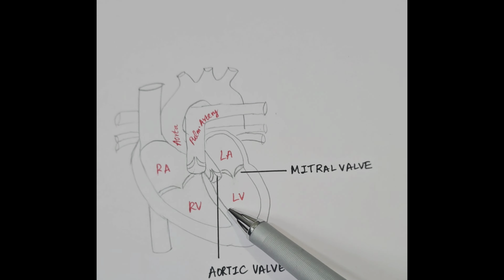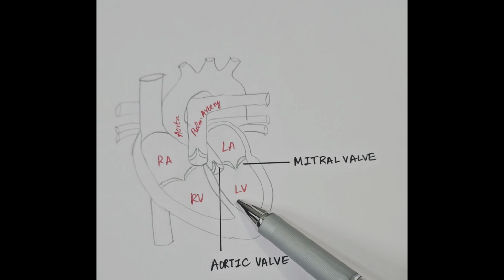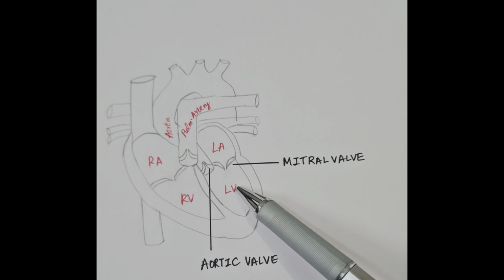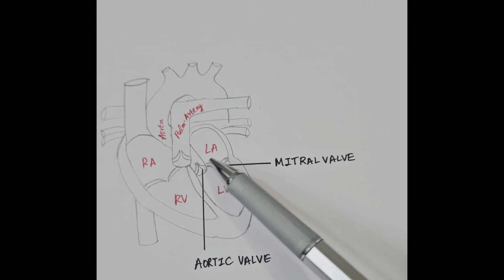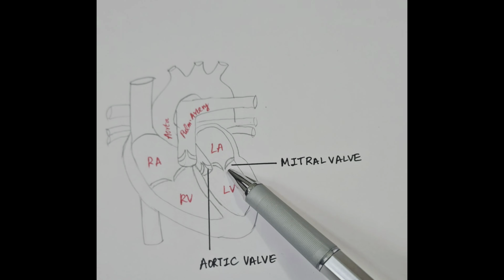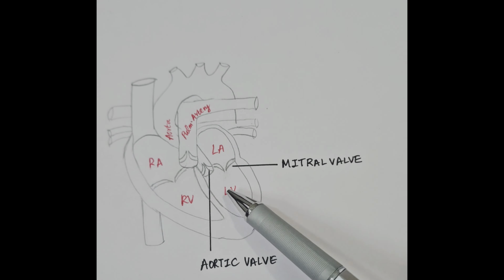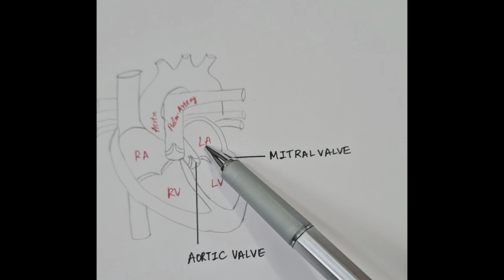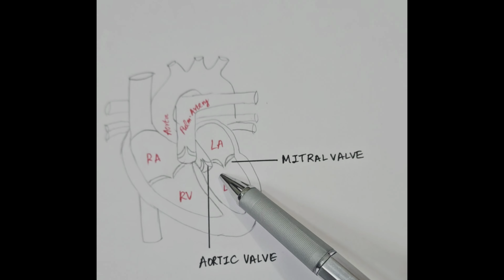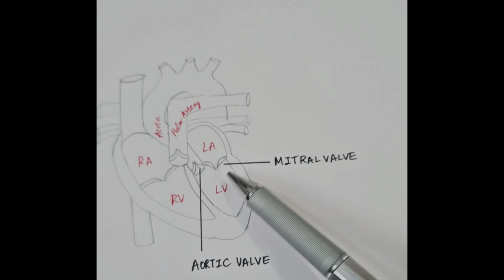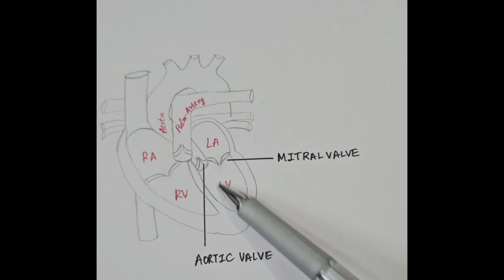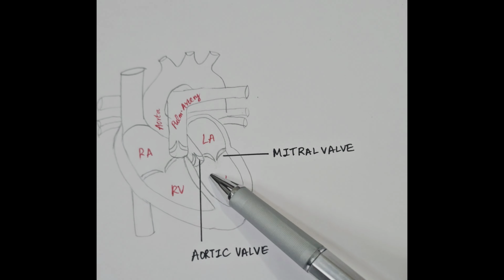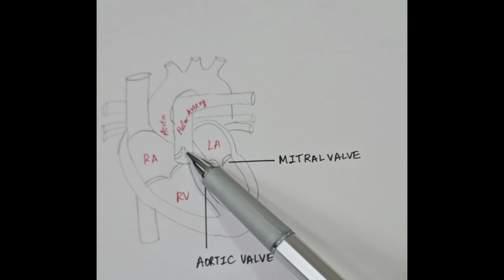During the isovolumetric contraction phase of systole, the left ventricle was ideally supposed to be contracting against two closed valves, but one valve is now open. It's leaky. So out of the 100 ml, 30 ml of blood is going back into the left atrium through a leaky mitral valve, which is called mitral regurgitation. So now we have 70 ml of blood which is forcefully ejected from the left ventricle to the aorta.